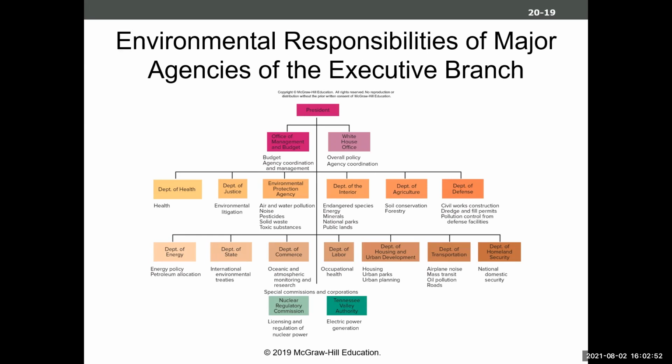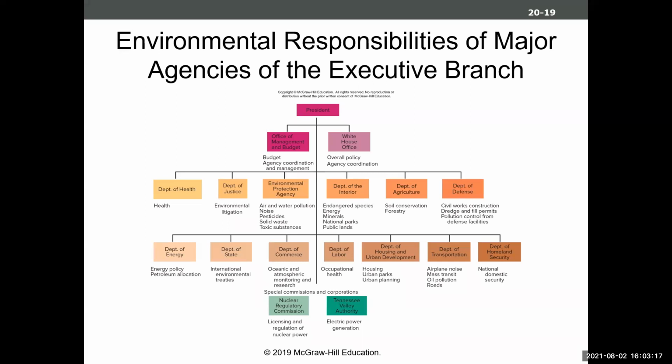So you have the president, then you have the Office of Management and Budget, you have the White House office, and then you have some subdivisions under that. For example, the EPA, the Department of Interior, the Department of Justice, the Department of Health, the Department of Energy, etc. They all have their own different sectors that they're involved with in terms of enforcing that law.